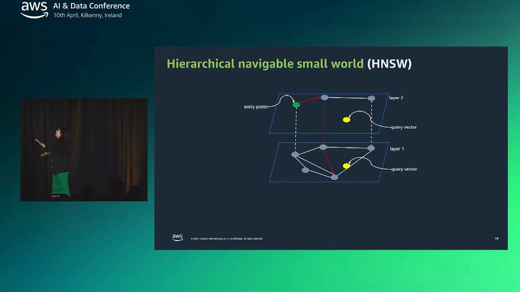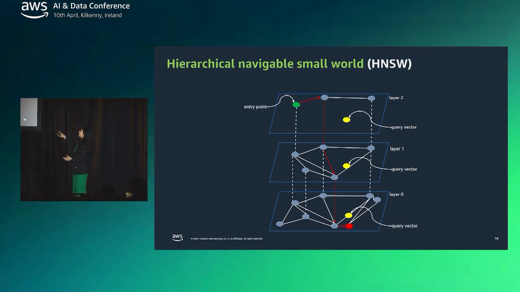Then I have the second layer, where now I calculate the distance again of the query vector with the other points, right? So now my point of interest has moved to the point below, because that is closer to my query vector. And as we go from layer to layer, these vectors are closer to each other.